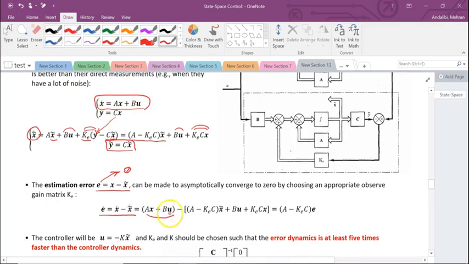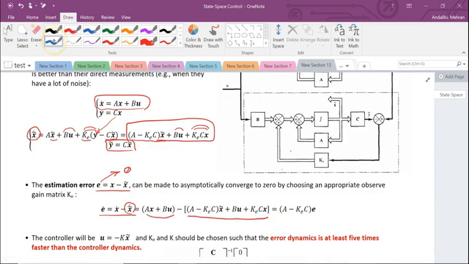So it's going to be AX plus BU minus, and for X tilde dot, we use this expression that we have, and we plug it right here. And if we subtract, some terms would cancel out. What terms? The BU term will go away. Then you have AX minus AX tilde. So if you factor out A, it's going to be A times X minus X tilde.